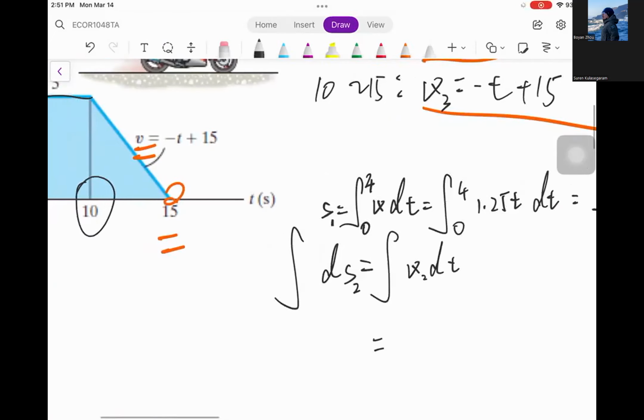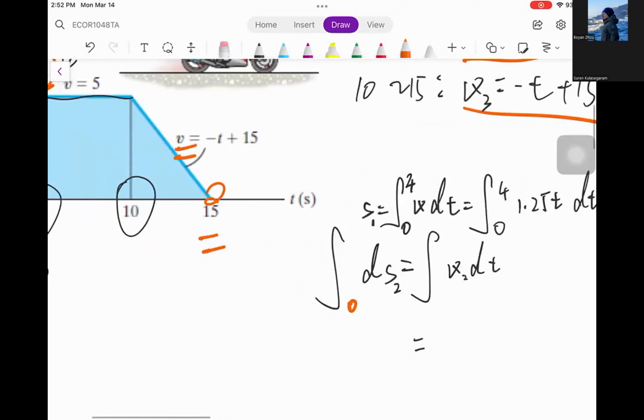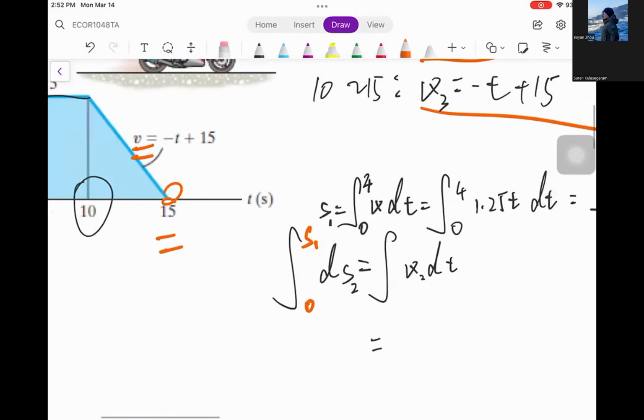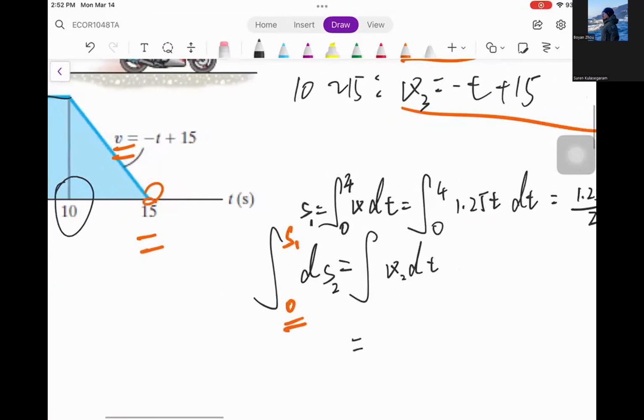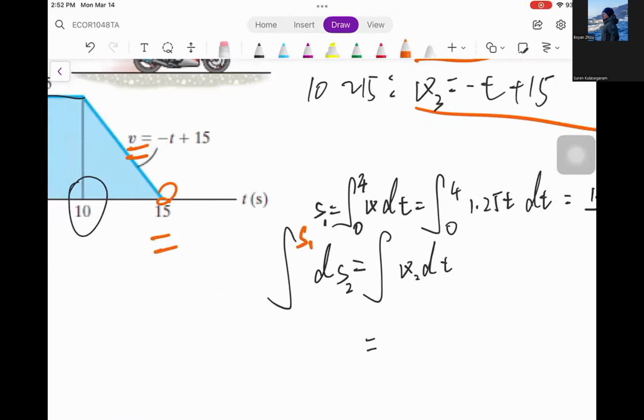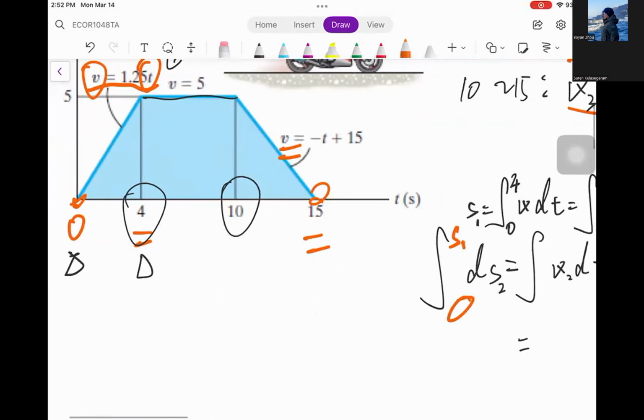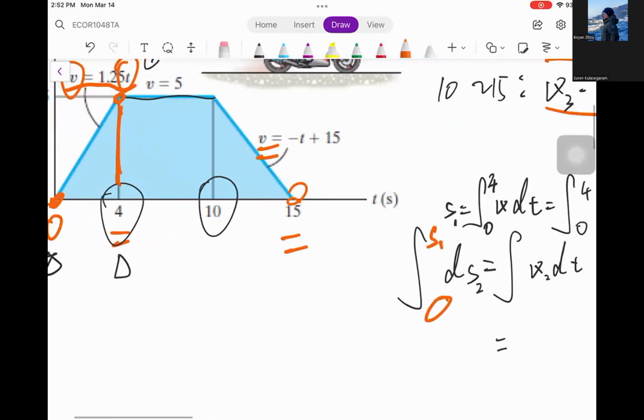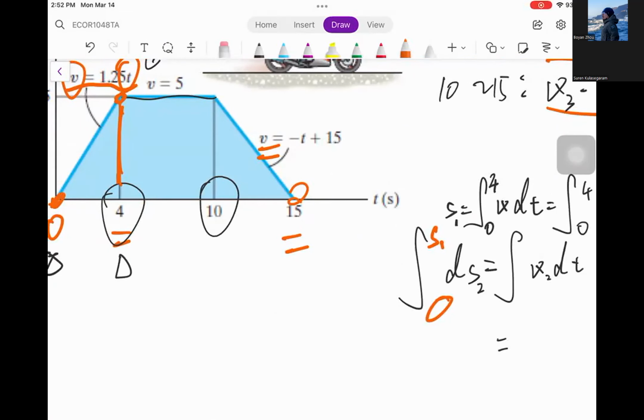When we were doing the S1, we put the boundary from 0 to whatever S1 is. But now we're doing S2, you can't put 0 over here. We need to put an actual number here, because this is not starting from 0 displacement. The initial value is not going to be 0.